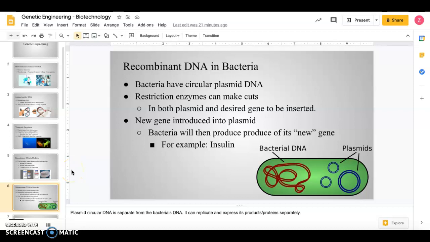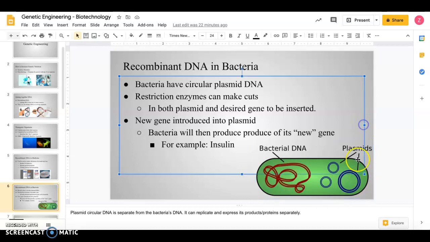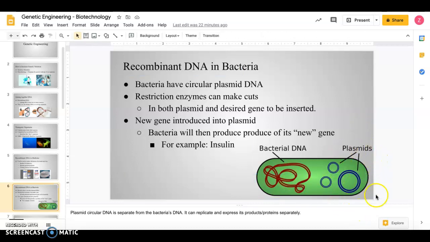Let's see how we can use recombinant DNA in bacteria. So let's start by looking at our picture of the bacteria. Bacteria have some circular bacterial DNA, but many also have plasmid DNA, circular DNA.